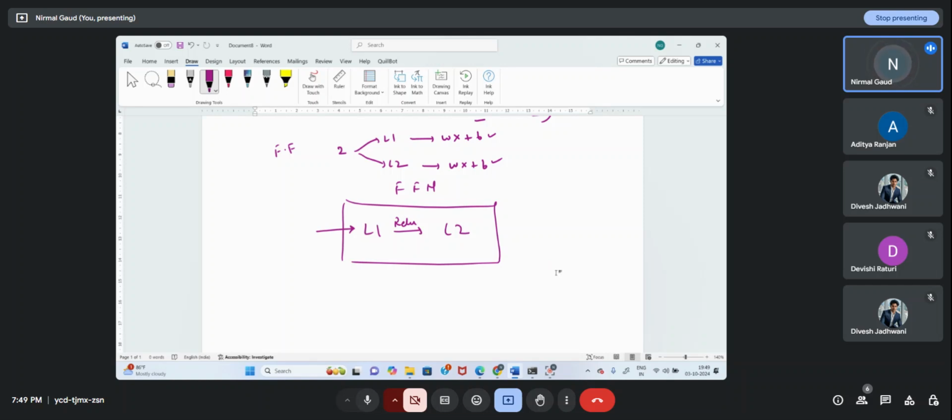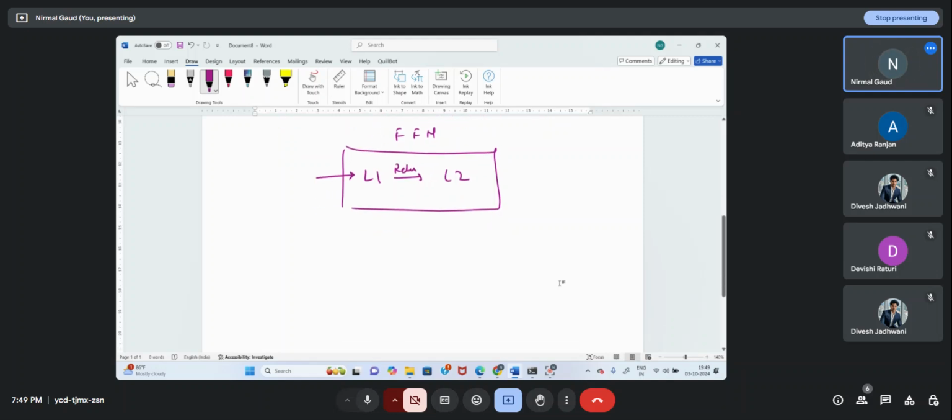Okay, now one more thing. In this particular case, L1 converts your input, that means what I am going to get from the multi-head, into high dimensional data.